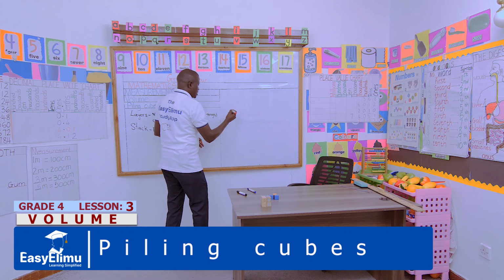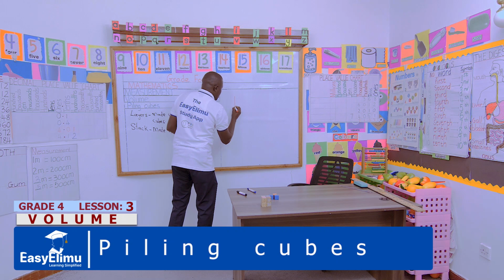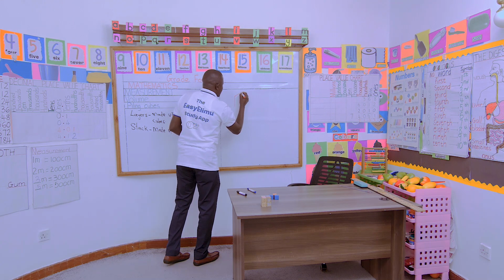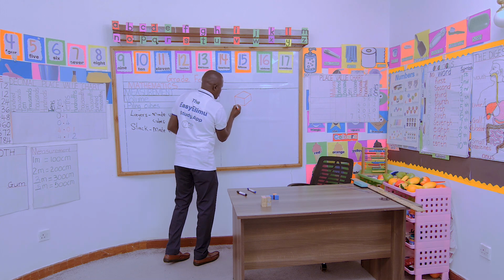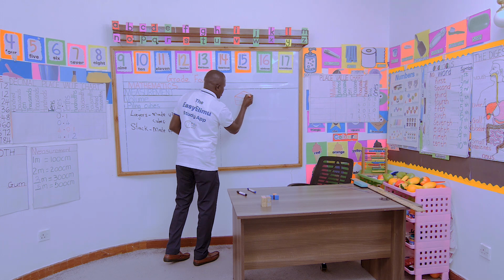We can also draw it. This is a sketch of how we have done our piling up of our cubes. It is made up of 2 layers, like that.